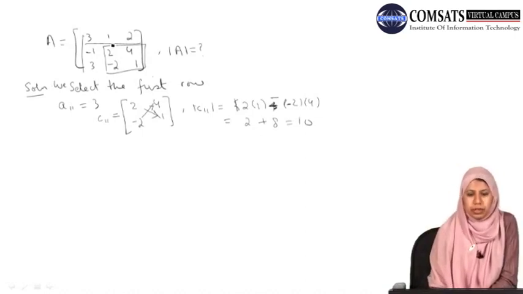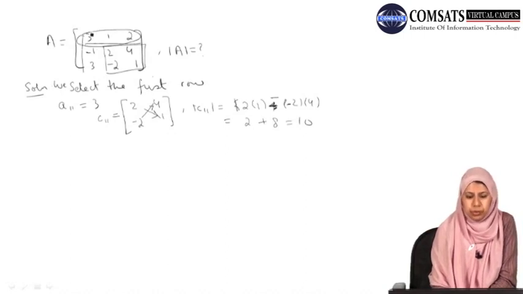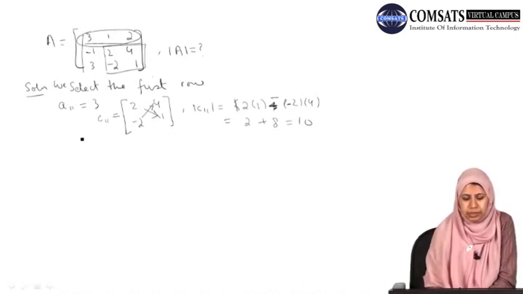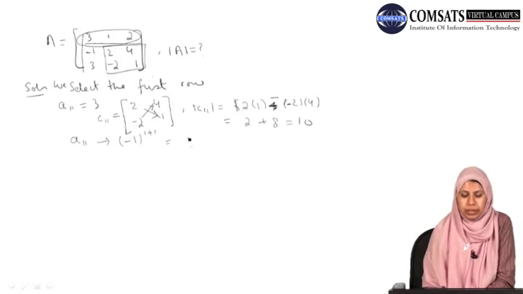Since we have selected our first row, what is the number associated with this entry A11? The number associated is nothing but -1 to the power 1 plus 1, which is 1.